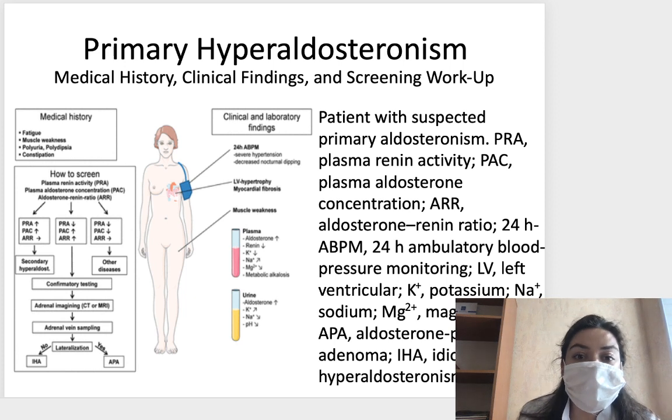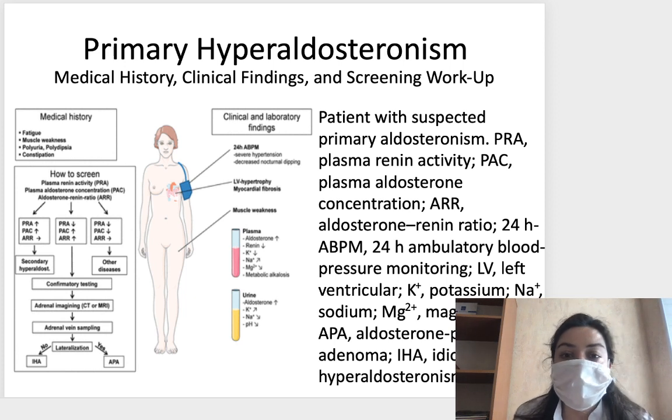Okay, medical history, clinical findings, and screening workup for primary hyperaldosteronism. Patients with suspected hyperaldosteronism: PRA, plasma renin activity, and PAC, plasma aldosterone concentration.